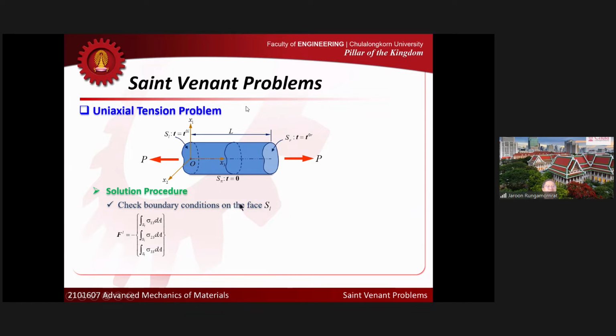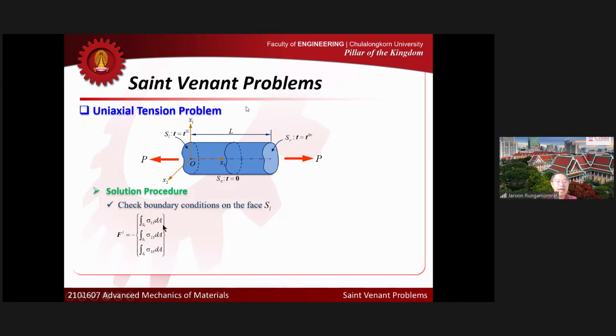If you have stress components, you look at the left end, you can simply take the integration like this. Okay, so you can get the net forces at the left end, all the components of the net force like this.